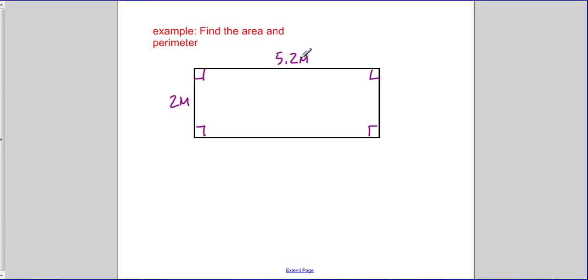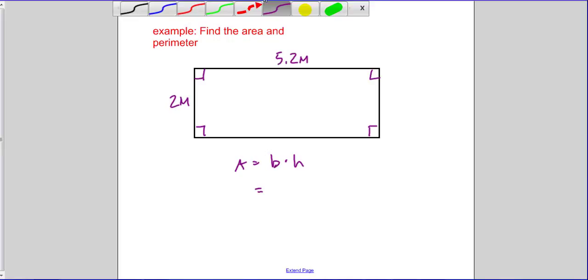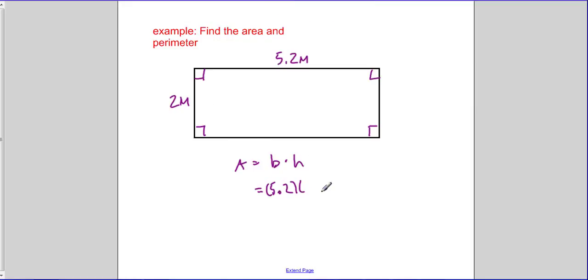Okay, so if I need to find the area of this rectangle, I just multiply base times height. So the area is B times H. I'm replacing B with the base here, which is 5.2, and I'm replacing the height here with 2. So I'm making this substitution. B gets replaced with 5.2 and H gets replaced with 2.